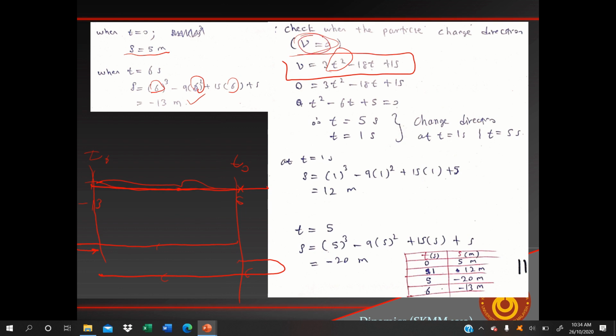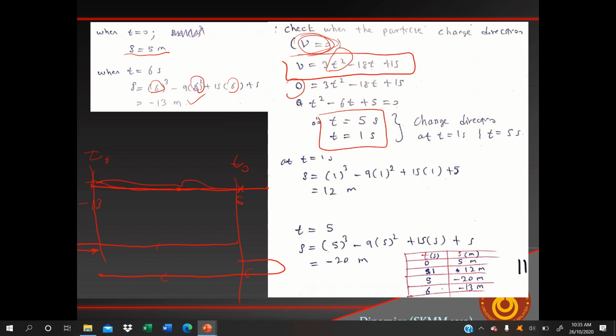So you put v equals 0 here, use the calculator, and finally get t equals 1 and 5 seconds, meaning the particle will change direction at 1 and at 5 seconds.